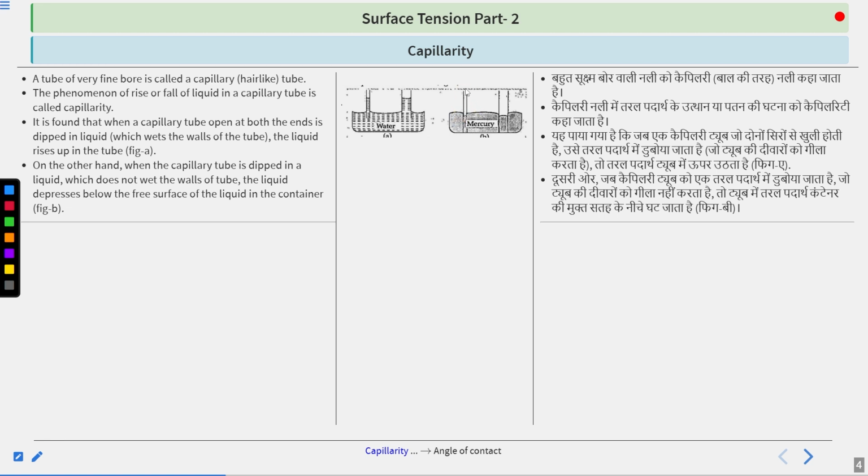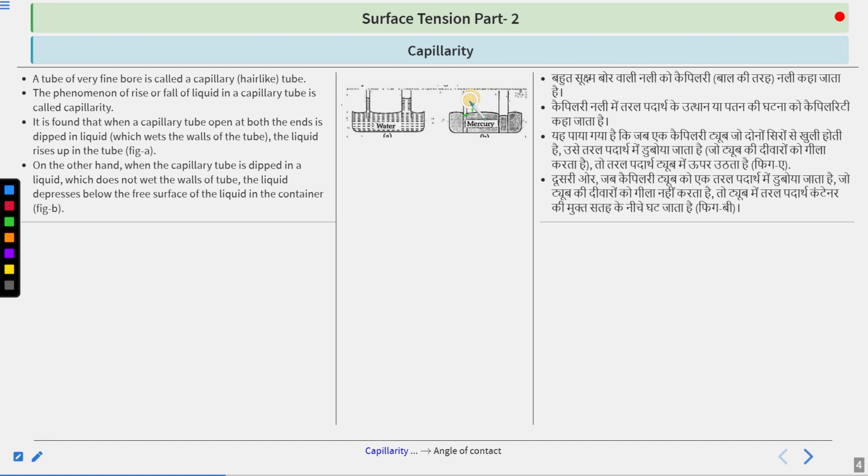When we dip this capillary tube in the liquid mercury, the mercury is unable to wet the walls of the tube, and due to this the liquid mercury falls in the case of this capillarity.